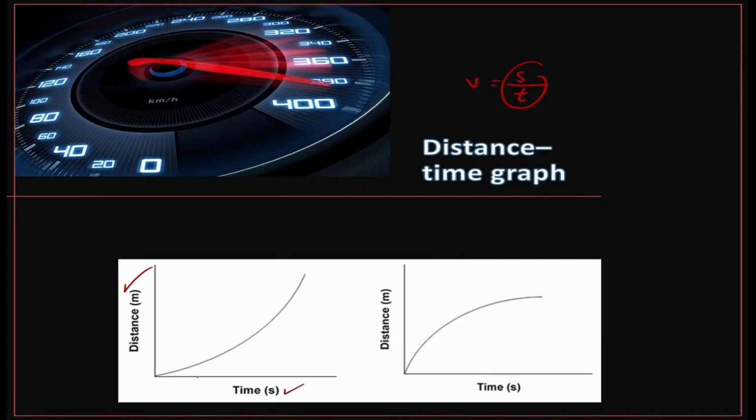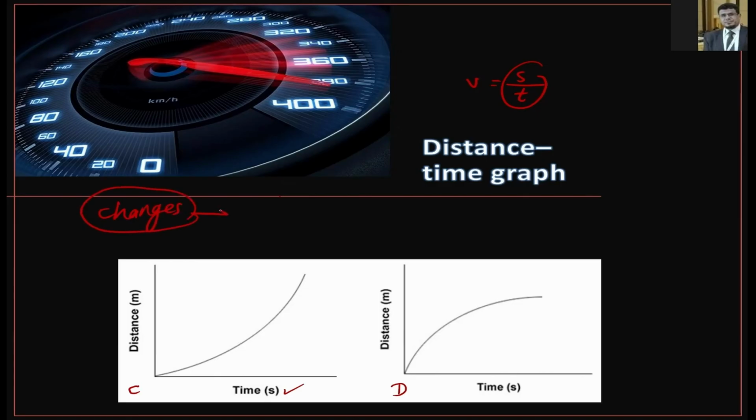For example, every second the distance changes by different values. The same thing here: if we say this is graph C and this is graph D, in both the distance changes irregularly with time. Speed equals distance over time, but the graph is no longer a straight line. This means the speed is no longer constant. The speed changes.